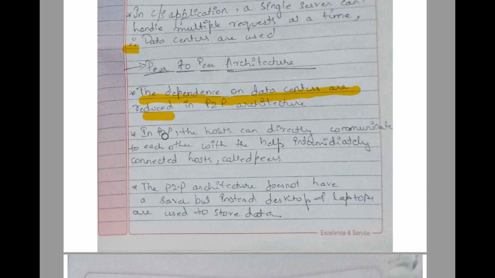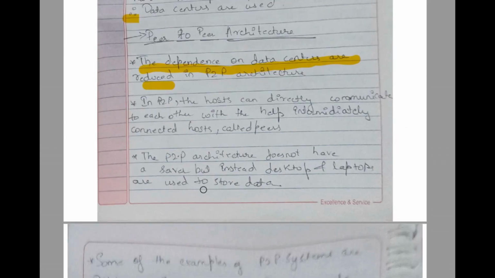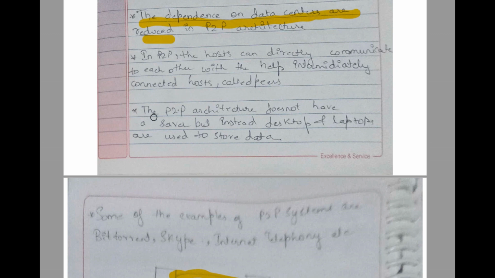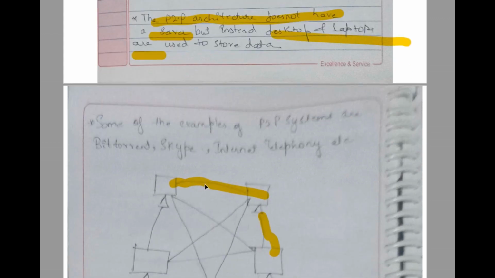In peer-to-peer architecture, the hosts can directly communicate with each other. In client server, the hosts can't communicate directly with each other. Peer-to-peer architecture does not have a server, but instead has laptops and desktops.